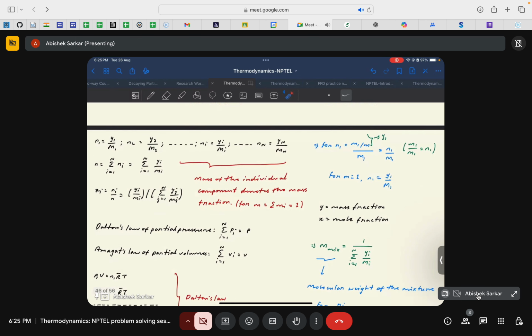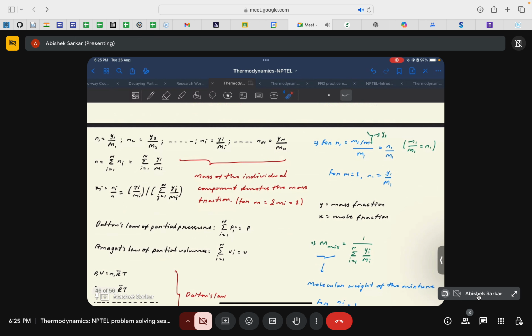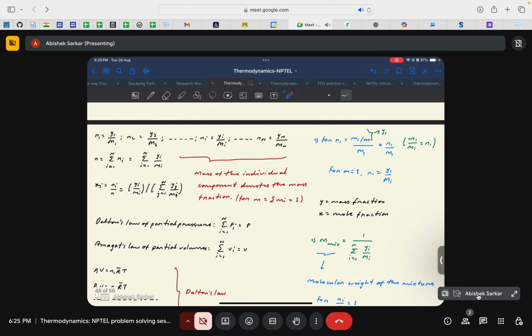Now the mole fraction xi, we know, can be represented as ni by n. Since we know that ni is given by Yi by Mi from this equation, and small n, that is the total moles, is given by the summation of i equal to 1 to n of Yi by Mi, we can write the mole fraction as ni by n, which is equal to Yi by Mi divided by the summation of Yj by Mj, where j varies from 1 to n.